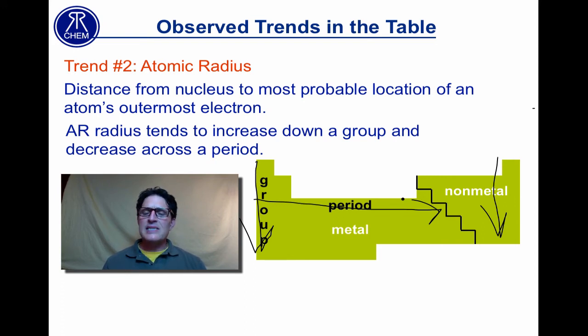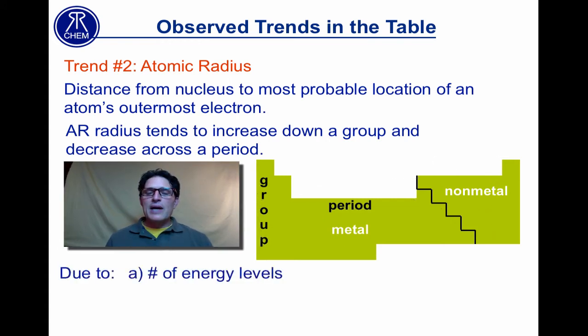Which is counterintuitive, because you would expect as we're going across the period that we're increasing the atomic number, we're increasing the number of protons, we're increasing the number of electrons, you would think that the atom would just get larger rather than getting smaller.